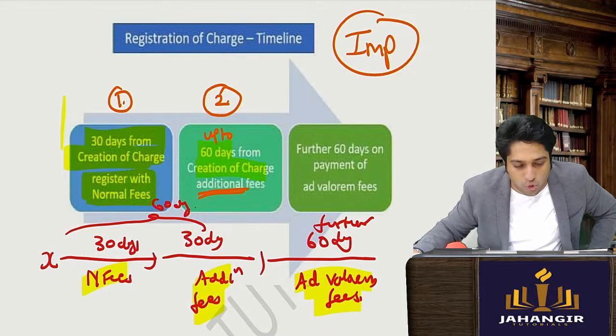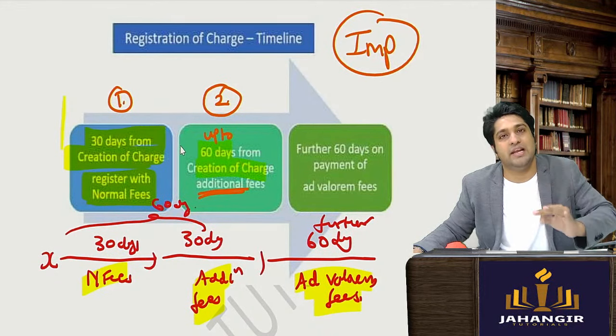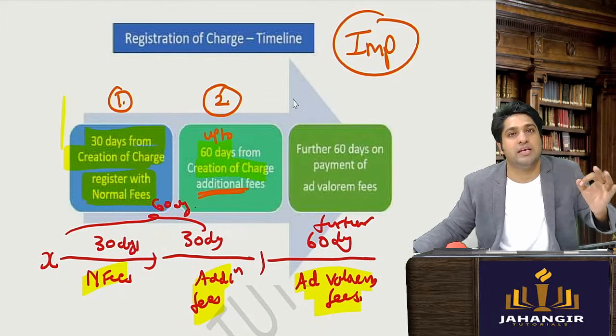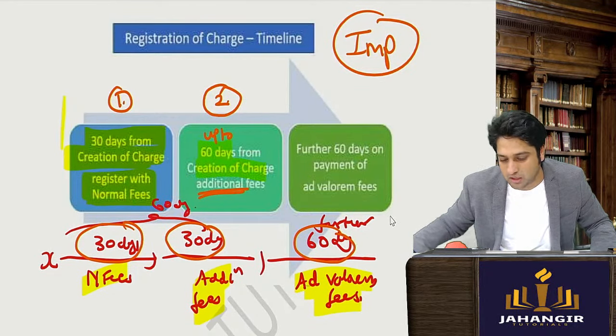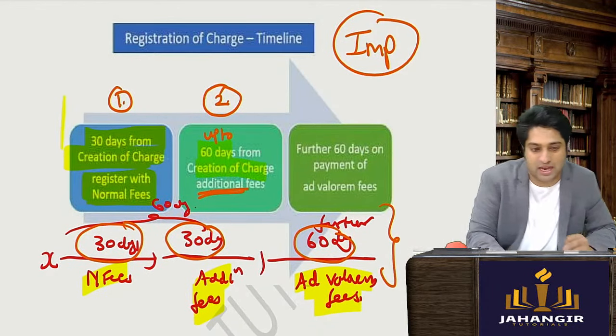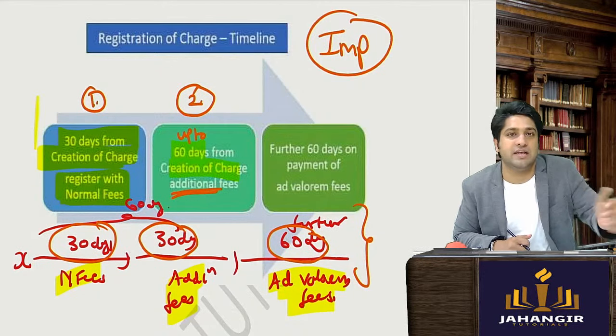So in total, can you all message me how many days delay is permitted? When you calculate all of this, it is 30 plus 30 plus 60. Nowadays, companies normally ask us till how many days delay is permitted.